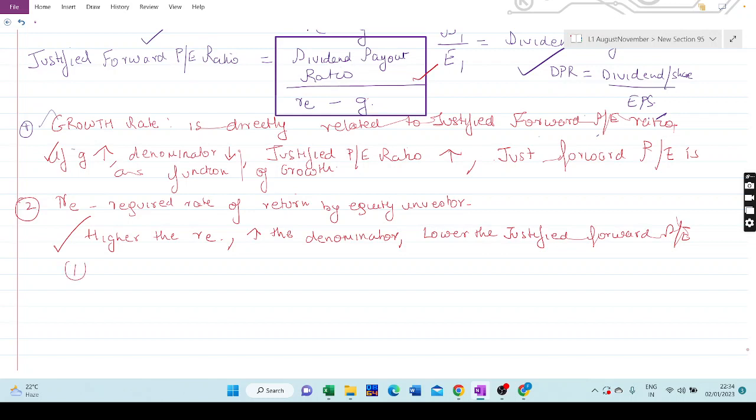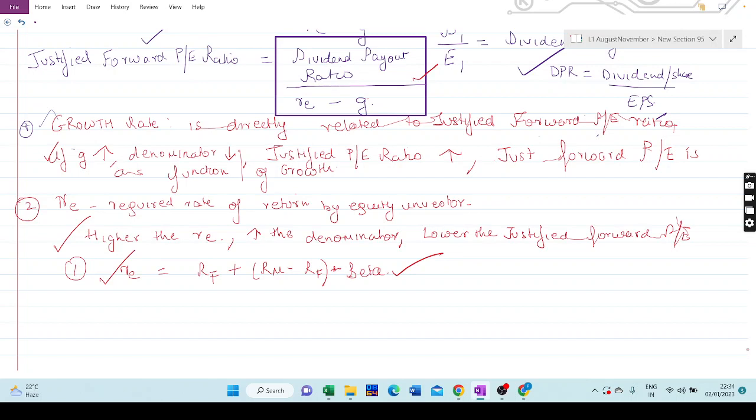Now, the first is, how do we calculate required return by equity investors, guys? We use the CAPM formula, RF plus beta into RM minus RF. So guys, if the beta of the stock is high, then required return by equity investors would be high, right?